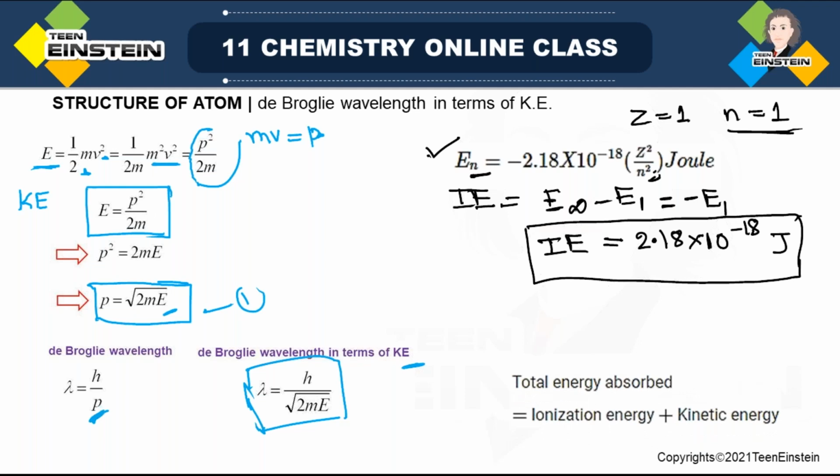Now total energy absorbed. Suppose we have applied some energy, and that amount of energy is total energy absorbed. So this should be equal to ionization energy plus kinetic energy. Ionization energy is this one, and kinetic energy, we know, is half mv square, or you can say p square by 2m.